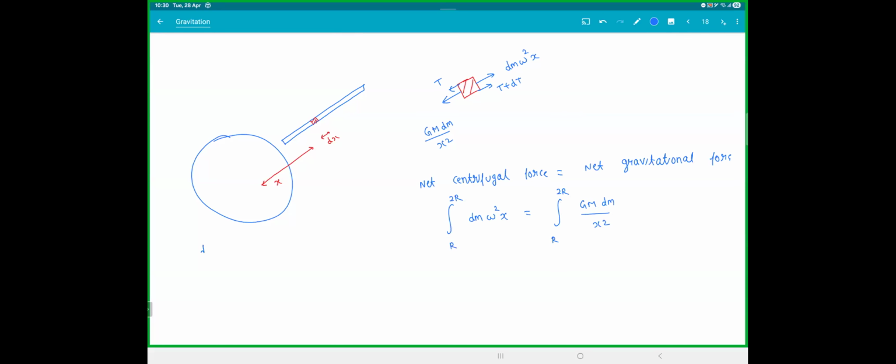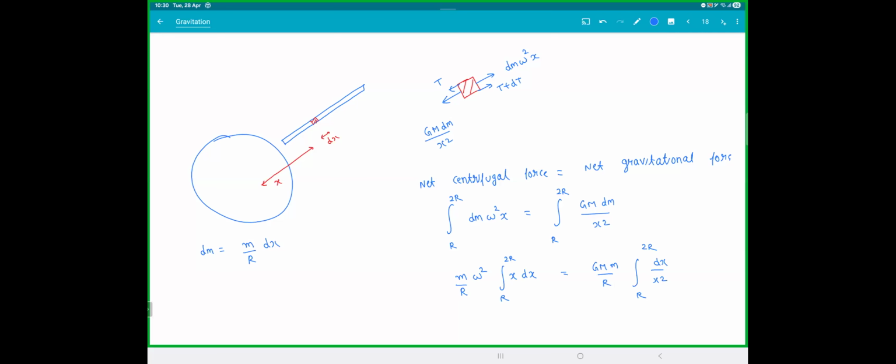And what is dm? dm is nothing but the mass of the rod, M by R, into dx. Substitute here. Omega square comes out: M by R omega square integral of x dx from R to 2R, and this equals GM, M by R, integral of dx by x square from R to 2R. This would be (2R square minus R square) by 2, that will be 3R square by 2.